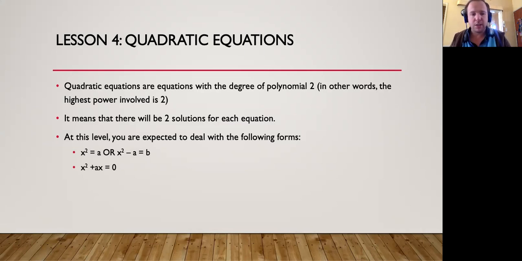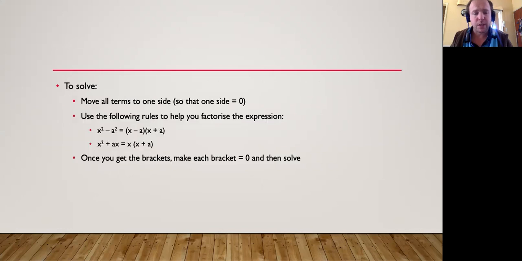Now, you're only going to be expected to do those two for the moment. In term 3, you're going to be getting questions where you get a trinomial, and you then need to factorize that and solve it equal to naught. Now, as I said, that last one will only be dealt with in term 3. All right, so let's go.